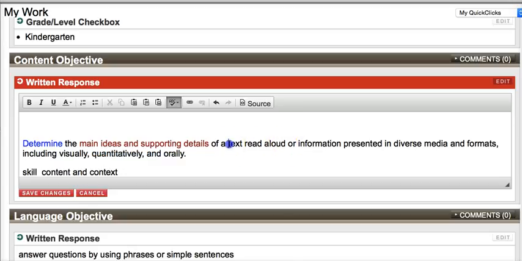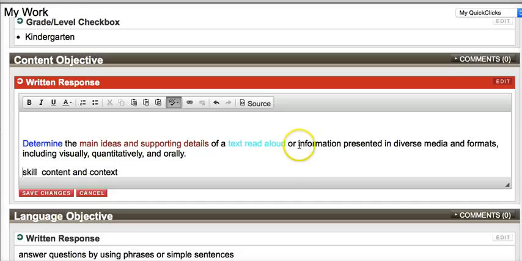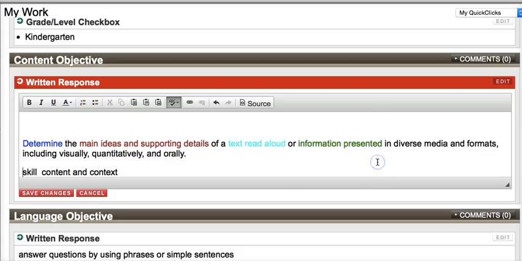That's a context. Another context is information presented. That's another context. And in this particular case, this context of information presented has its own context, because this could just be a presentation done by a bunch of kids in your class.